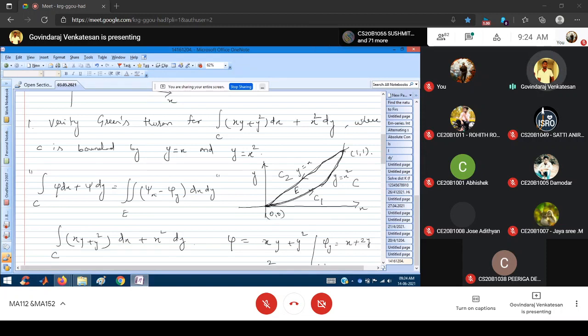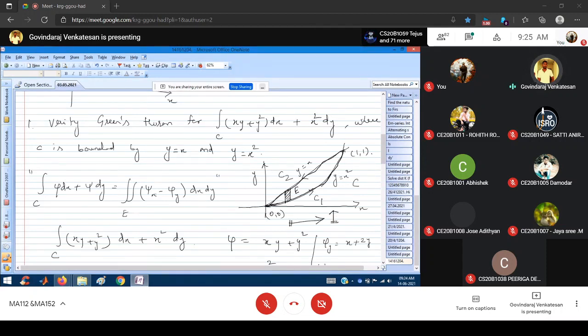For the double integral, you can form one strip. The strip is always moving from left to right and bottom to top.